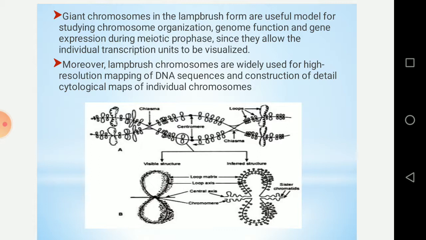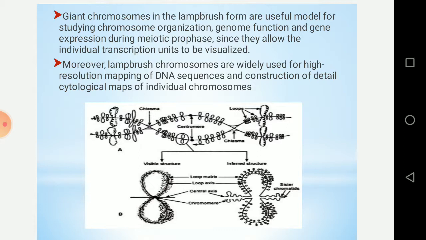If you want to study a genome and you don't need a very minute study, which is very difficult to observe in a compound microscope, or if you want a good study at very low cost, just go with polytene chromosome and lampbrush chromosome.